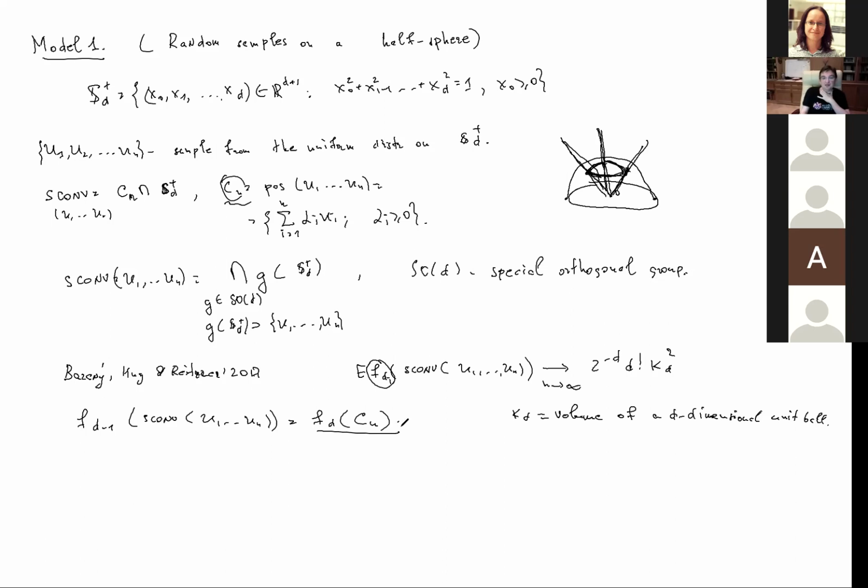And this is the number of d-dimensional faces of Cn. So this cone is a polytopic cone in space of dimension d+1.